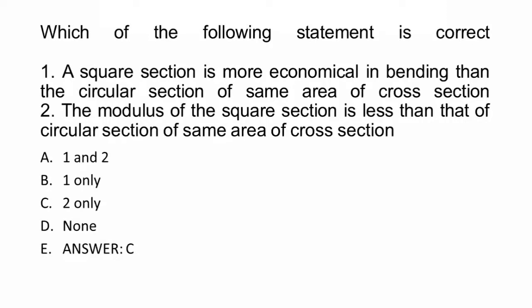Pi is 3.14 divided by 32. It is 0.09. So one coefficient is 0.167, another is 0.098, which is approximately 0.1. So 0.167 is more than 0.1. D cube will be same in the multiplication. So the modulus of square cross section is less than that of circular cross section of same area of cross section. That is the correct answer.